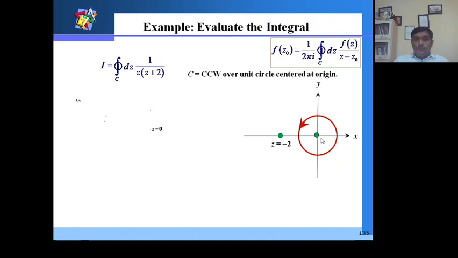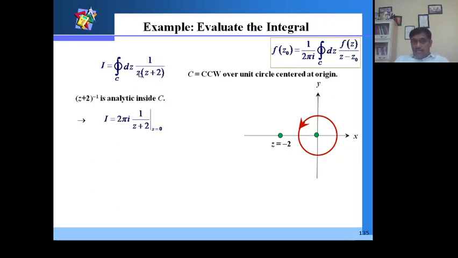Then 1 by z plus 2 is analytic inside c. First, we can check in the denominator what the points are. Here z equal to 0 is one point, z equal to minus 2 is the other point. Here z equal to 0 is the only point inside the region, the other one is outside the region. That's why we choose the function f of z as 1 by z plus 2, which is analytic inside.